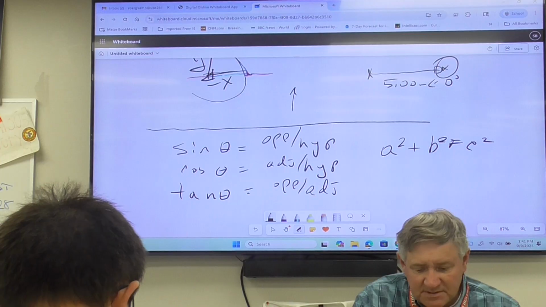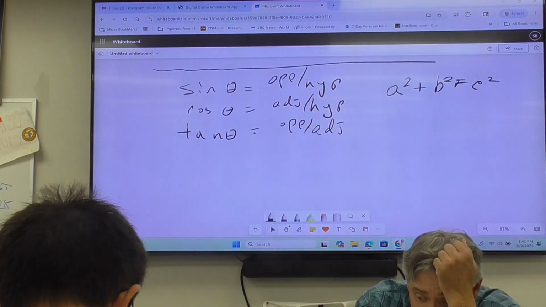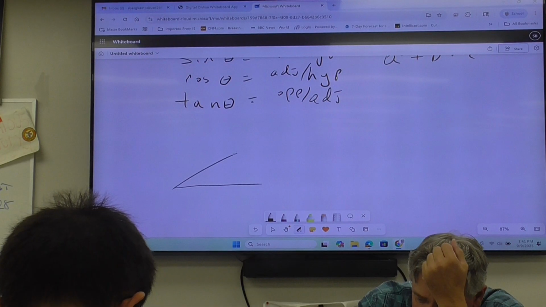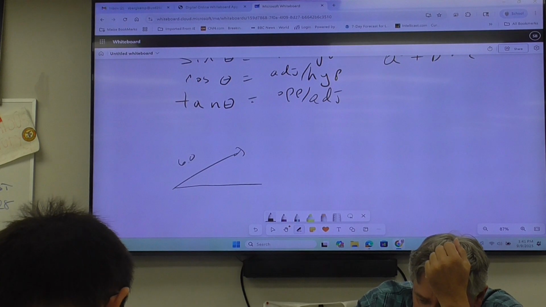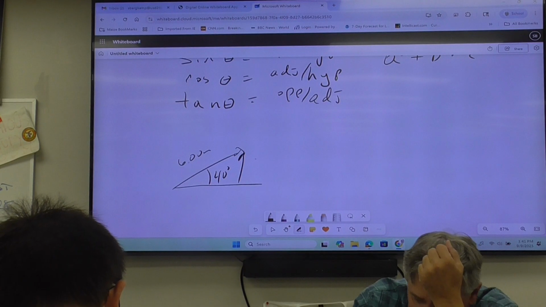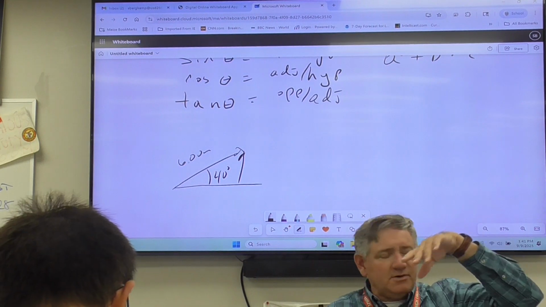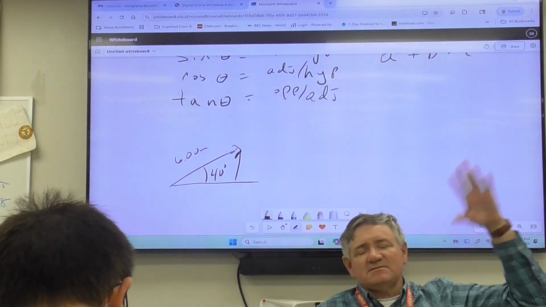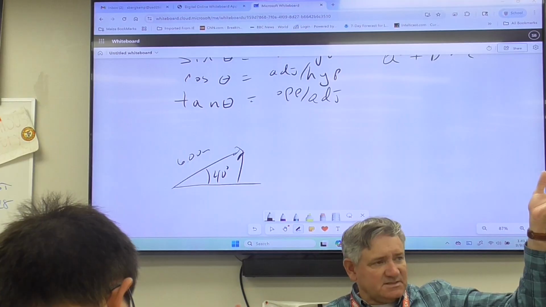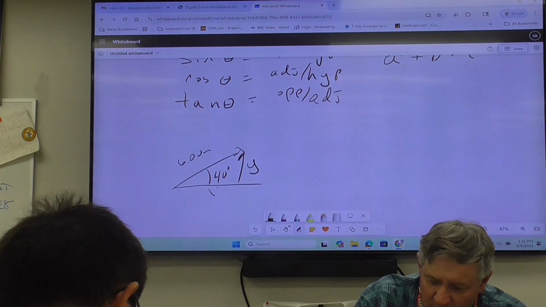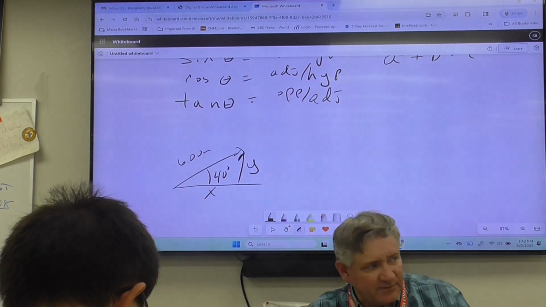So let's start with something simple. Let's say that I gave you a dimension of 6 centimeters and the angle was 40 degrees. That could be meters, it could be newtons, it could be momentum, it could be an electric force field. Doesn't make any difference. It's just a vector, 6 centimeters. And we want to find the x and y components using trig functions.